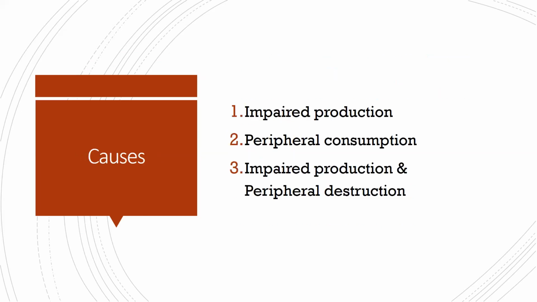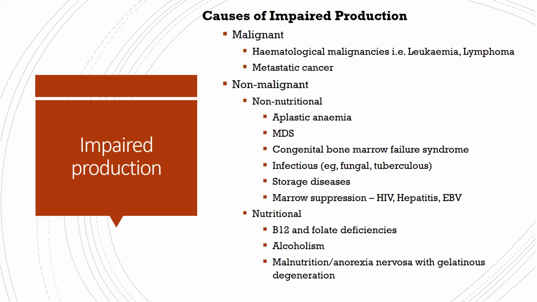So the causes could be actually due to one of these, either impaired production, peripheral consumption, or both impaired production and peripheral consumption. So the causes of impaired production can actually be differentiated into either malignant or non-malignant causes. Okay, so for malignant causes such as leukemia or lymphoma or metastatic cancer, they can actually cause pancytopenia.